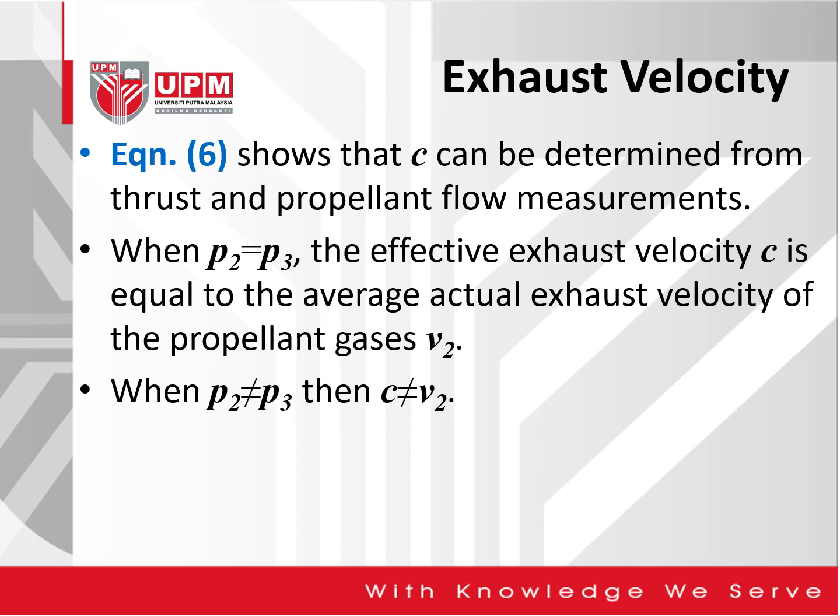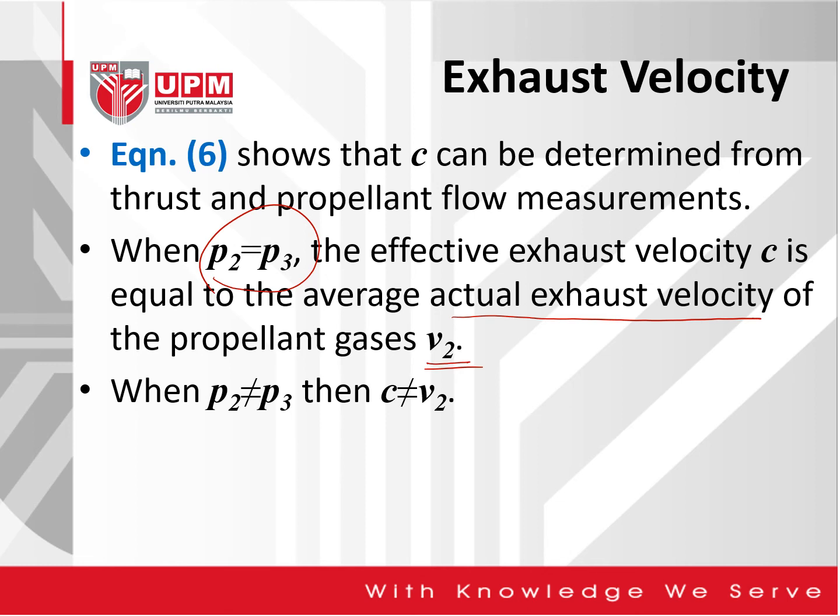When P2 equals P3, the pressure inside the chamber equals the atmospheric pressure, and the effective exhaust velocity C is equal to the average actual exhaust velocity of the propellant gases V2.